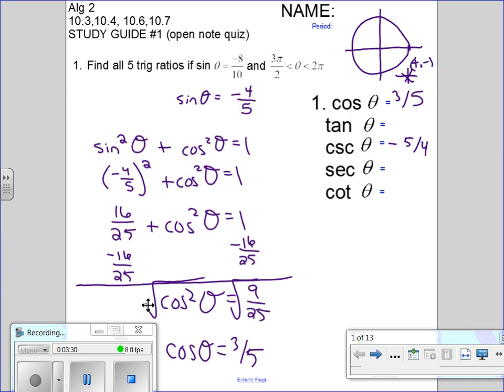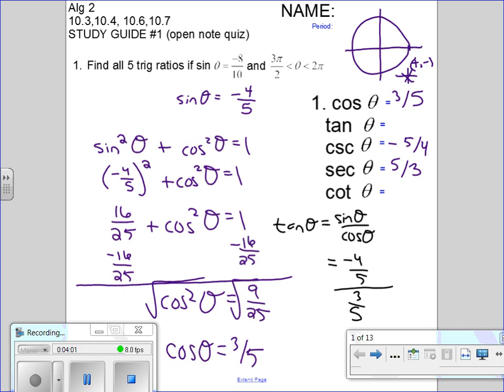All right, what did we just get? Cosine. So we now know secant, because cosine and secant are reciprocals. We need to get tangent. What do you guys know about tangent? Tangent is sine over cosine. So we'll take our answer for sine, negative 4/5, and divide it by our answer for cosine, 3/5.